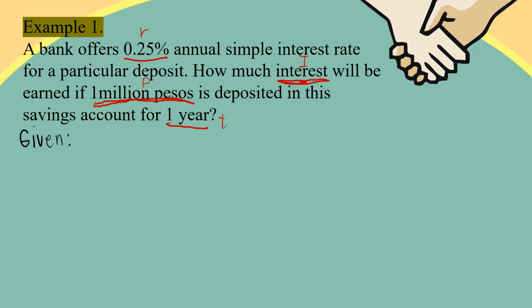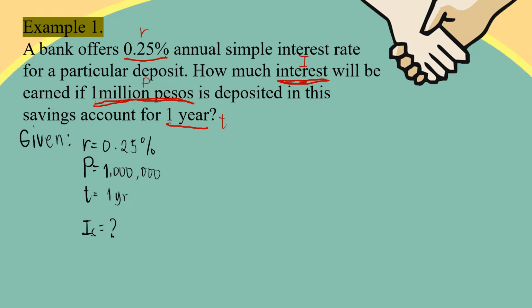Okay, so ang given, sulat lang natin, yung rate is 0.25%. Then, yung principal ay 1 million. Then, yung time is 1 year. So, ang hinahanap ngayon ay yung interest. So, yan yung nawawala. Okay.